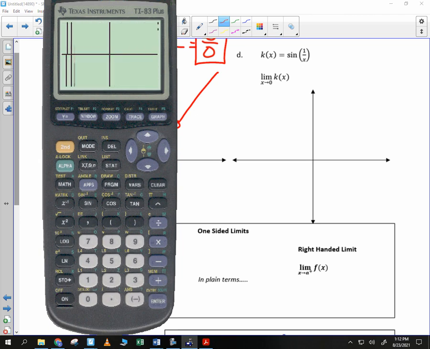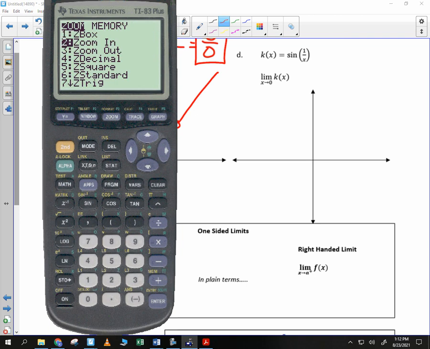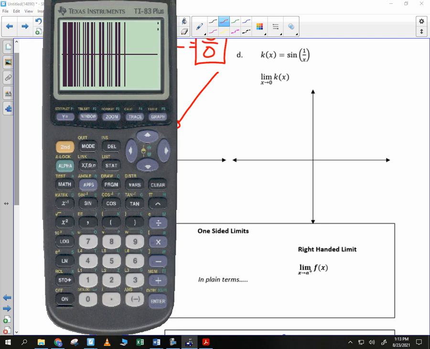I wonder how far we could go. What? It's a barcode function. Insanity! Okay, I'll draw the graph.